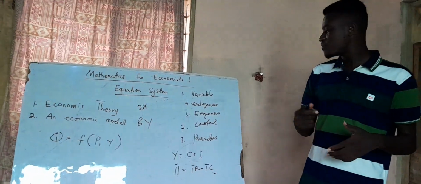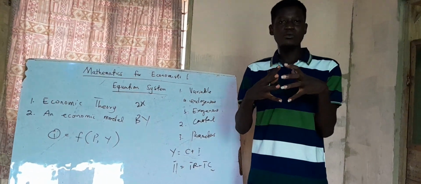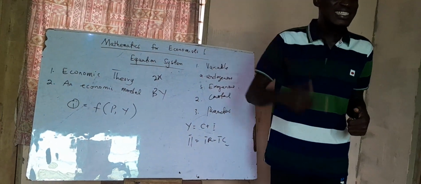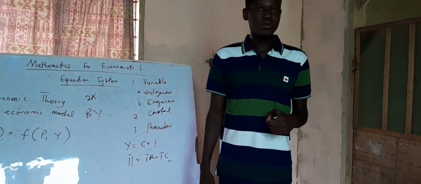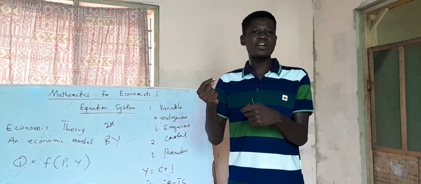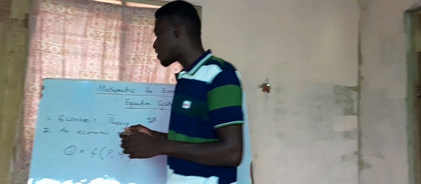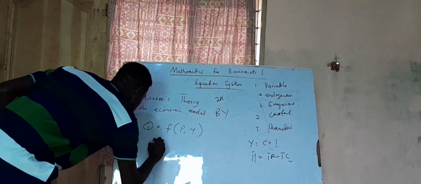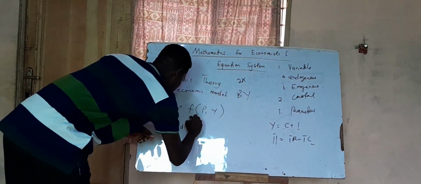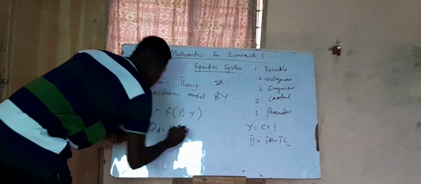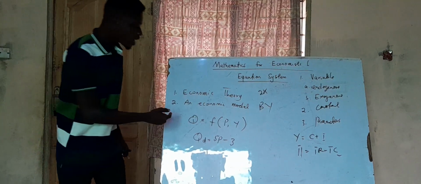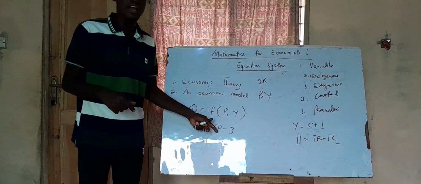Now let's look at a behavioral equation. A behavioral equation captures the response of one variable as a result of a change in the value of other variables. So now if I have quantity demanded is equal to, let me say, 5p minus 3, we are saying the quantity here is a function of price.